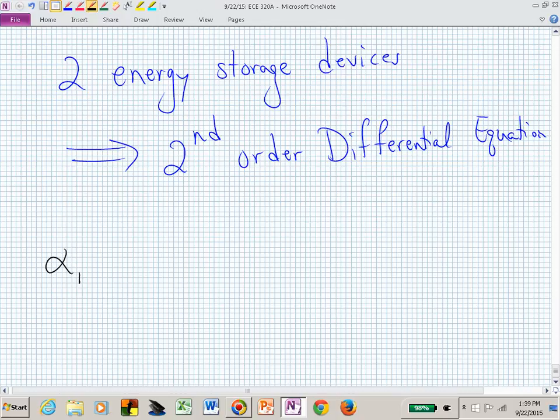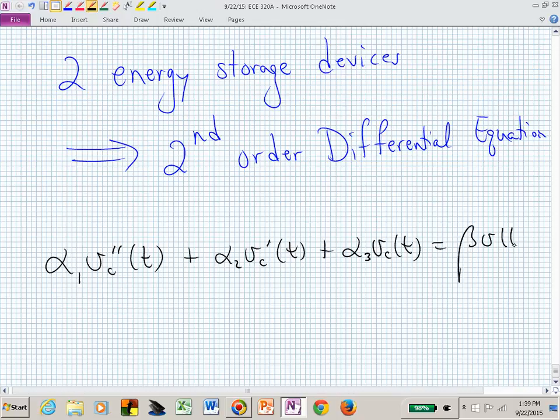It's alpha 1, let's say V sub C double prime, capacitor's voltage differentiated twice, plus alpha sub 2 V sub C prime, plus alpha sub 3 V sub C of t, equaling beta V of t.